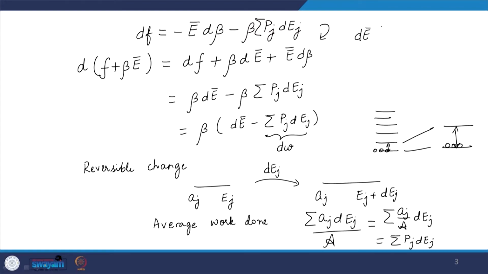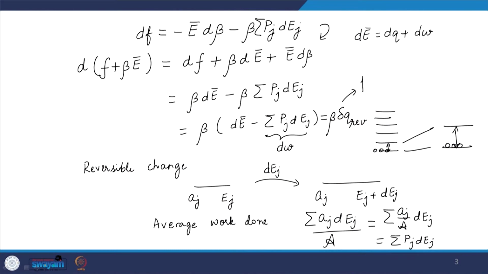Now, if I invoke the first law of thermodynamics, then you have dE is dQ plus dW. The change in internal energy is equal to the heat added plus the work done. So, for a reversible process, energy minus work must be equal to the heat added, and we have already assumed that the process is reversible.